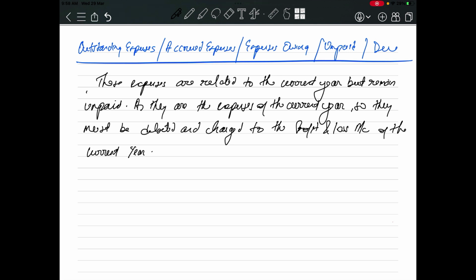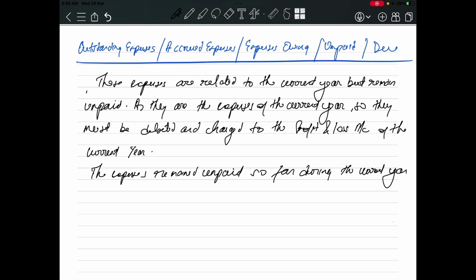Now the expenses remained unpaid so far during the current year, so they are the liability of the firm.